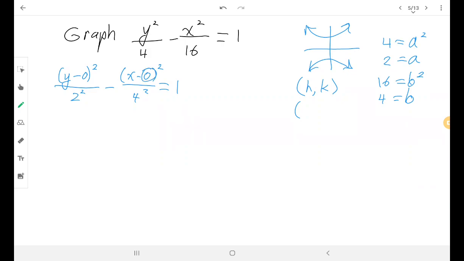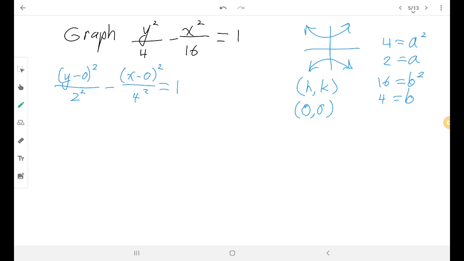So here's my h right there. Here's my k right there. K is 0 there.